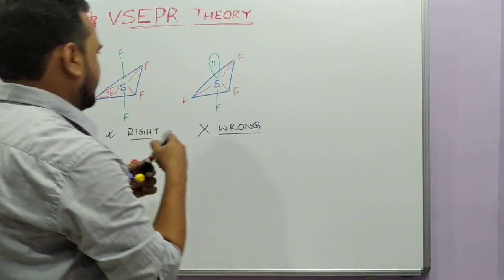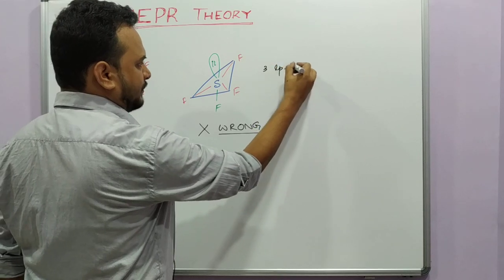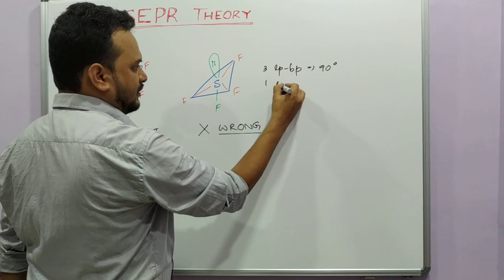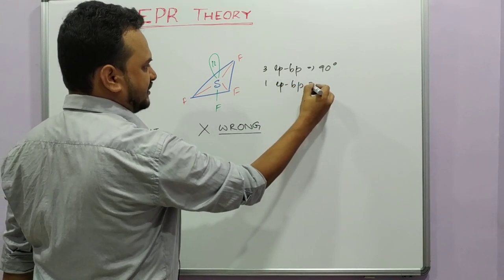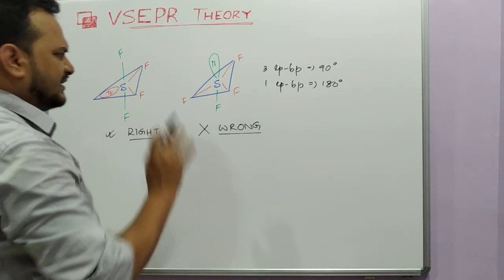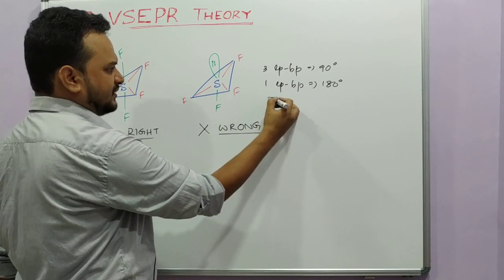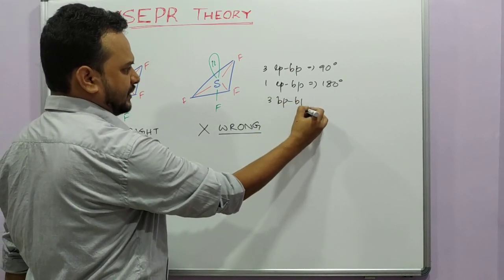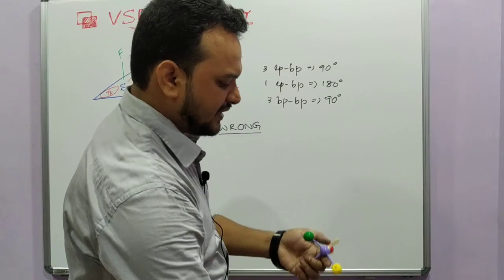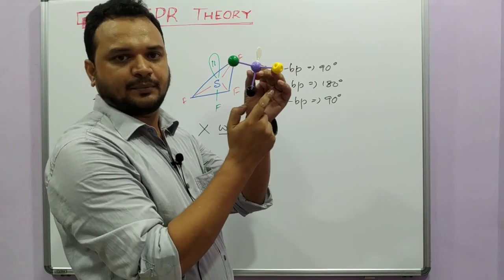And then there are bond pair repulsions, 3 bond pair repulsions at 90 degree. Which fluorine? The other axial one, this axial one, giving you 90 degree repulsion, right?